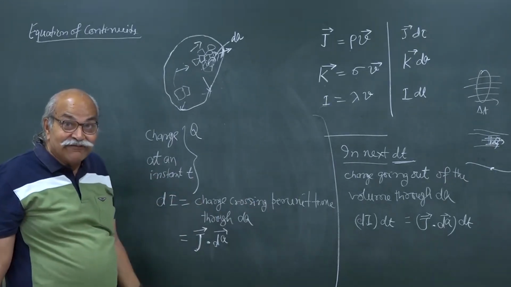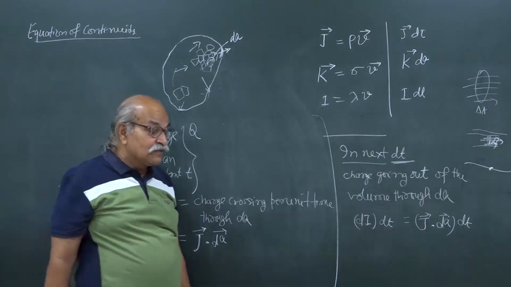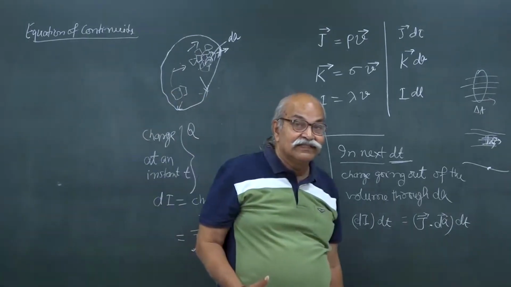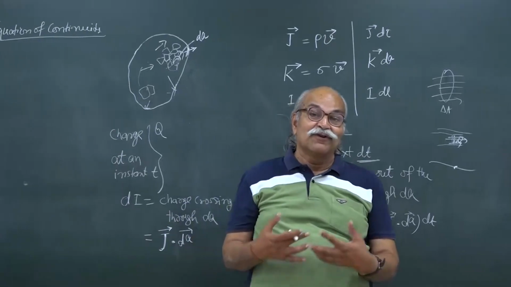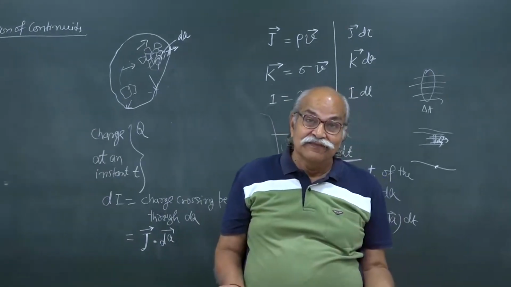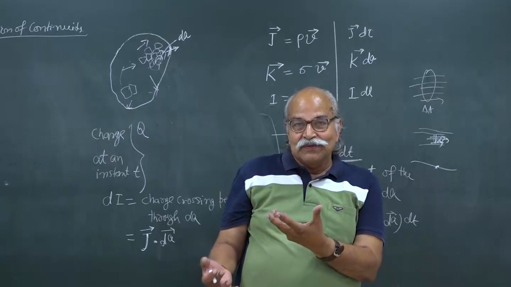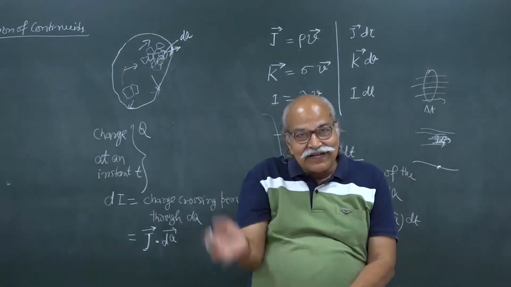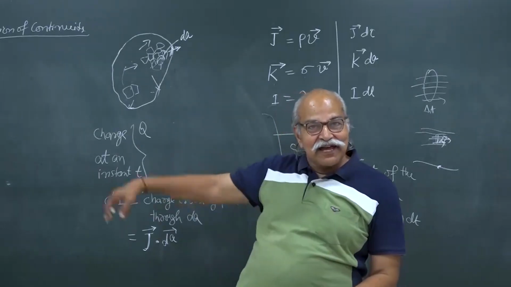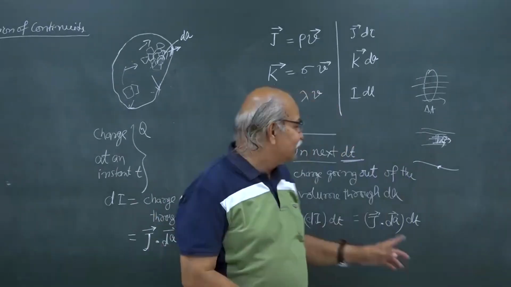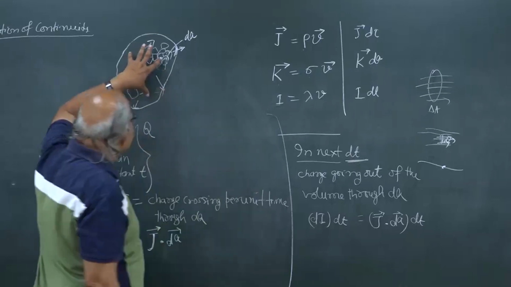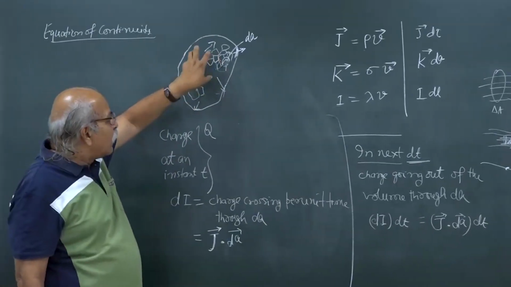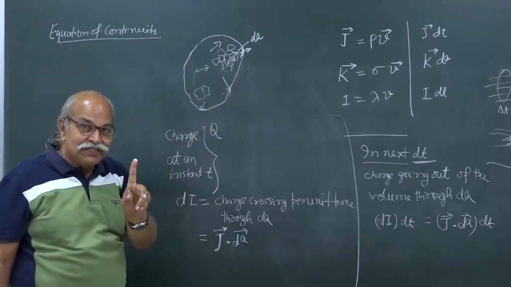This gives me the total charge that has gone out from this volume. Charges will go only through the surface, right, and if I have considered the entire surface, then it will be the total charge which has gone out of this volume in time dt.